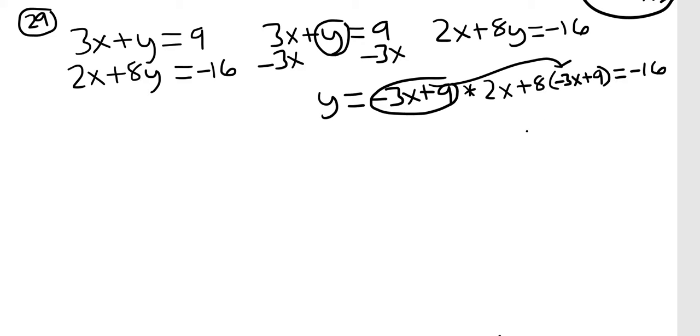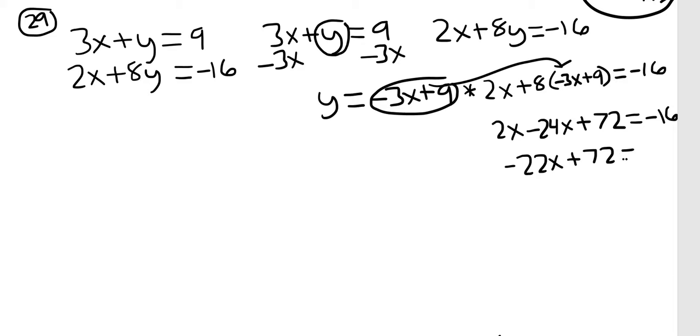So 8 times -3x is -24x. 8 times 9 is 72. And then from there, we would get -22x plus 72 equals -16.